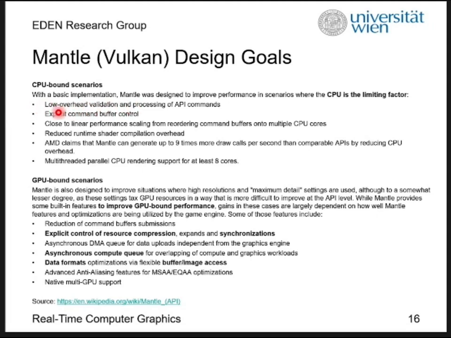So one thing, for instance, is low overhead validation and processing of API commands. In a traditional driver, the driver would always check errors. Are you referring to objects that aren't really there, that haven't been initialized, that have been deleted, and so on? But if you are sure that your program doesn't have any error because you've debugged it, error checking is not necessary.